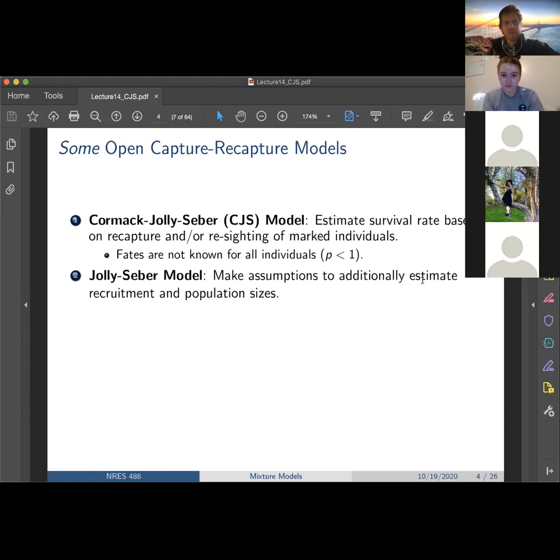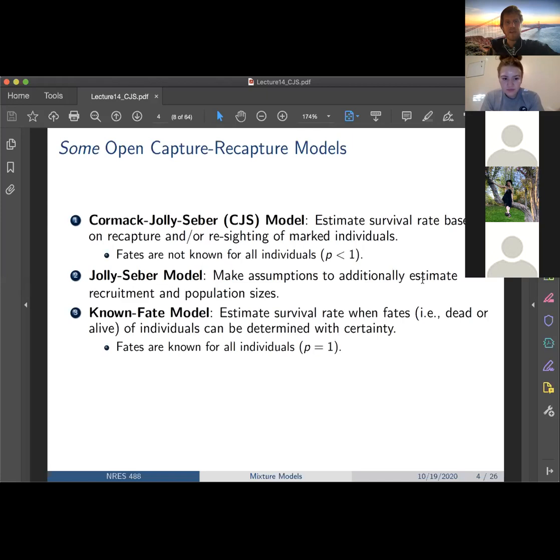Seems they excluded Cormack in this extension when they were developing it. The extension here is they make an additional assumption that allows them to estimate recruitment and population sizes. So CJS models allow us to estimate survival rates and detection probability. The Jolly-Seber model is also going to allow us to estimate recruitment and then total population size.